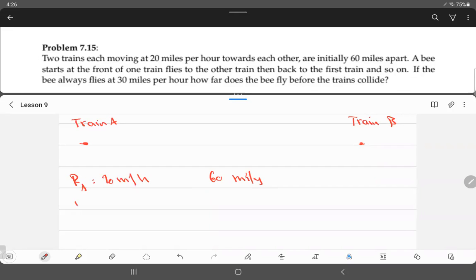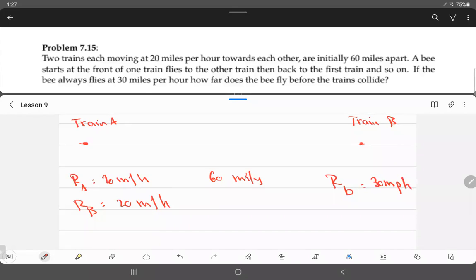The rate of train B is the same thing, 20 miles per hour, correct? A bee starts at the front of one train, flies to the other one, then back to the first train, and so on. If the bee always flies at 30 miles per hour, so the rate of the bee is 30 miles per hour.